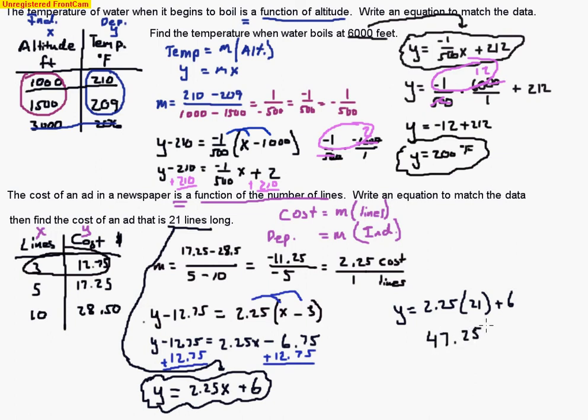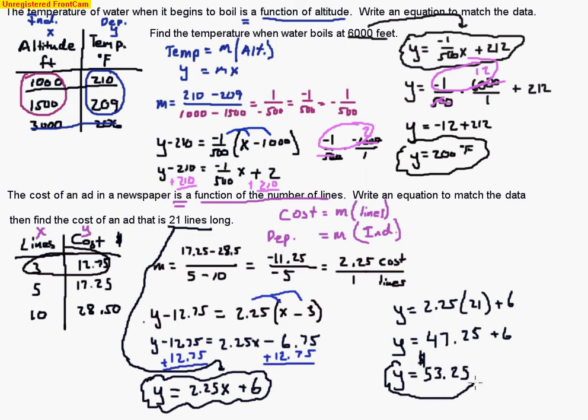That's how newspapers make their money, selling that advertisement. Then all we have to do is add that $6 on, which is our constant, our starting amount. That means the value that you're going to be charged is $53.25. So there it is.